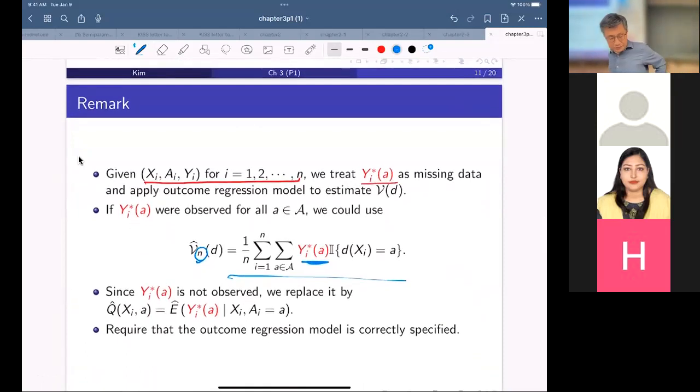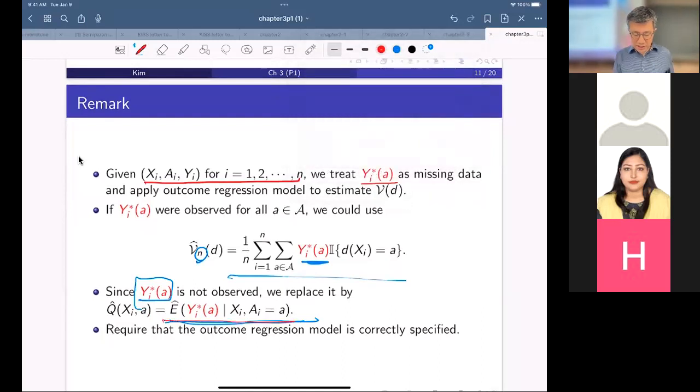But now this is not observed, right? So this is missing. Then one approach is that we can use imputation. So this is basically a prediction, imputation or prediction.